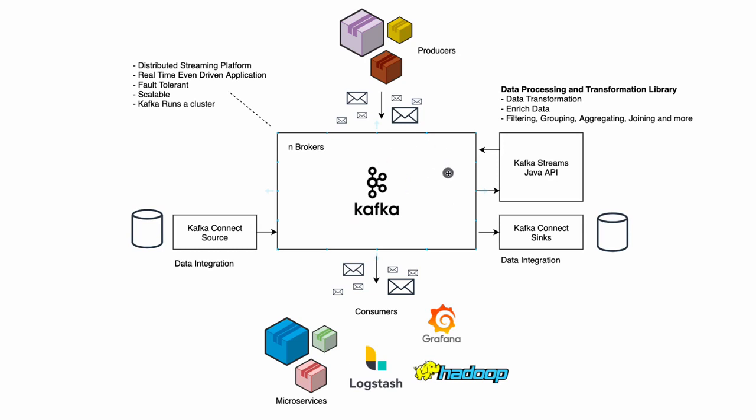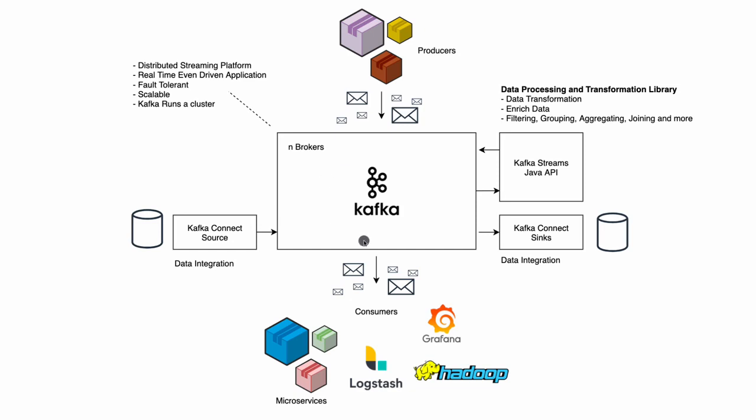Some companies have thousands of these up and running. A broker is just a machine or a VM running somewhere in the cloud maybe, or on premises, and it just runs the Kafka process. It manages all the partitions for us, the read and write requests, and a bunch more.